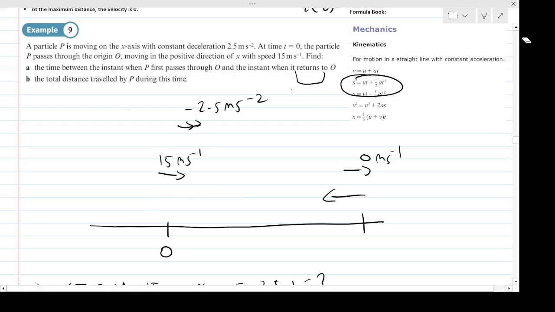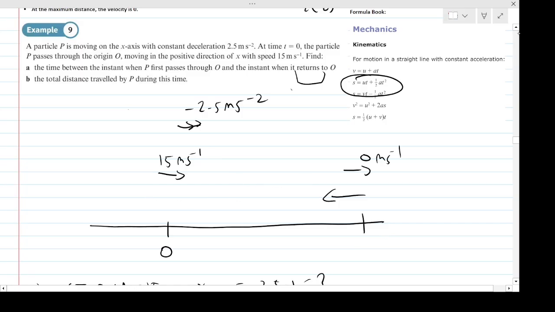Then for part B, it says to find the total distance travelled by P during this time. So the total distance. This emphasises again that displacement is different to distance. In that same journey, it starts at O, moves forward, goes to a standstill at some point here, then moves backwards and passes through O again.